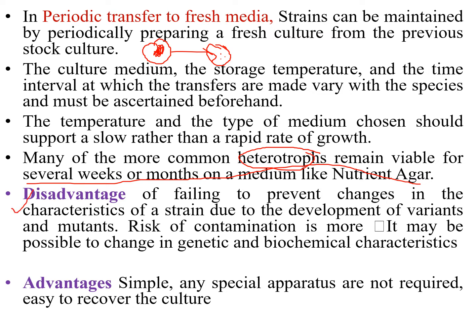The disadvantage of this preservation method is that it fails to prevent changes in the characteristics of the strain due to development of variants and mutants. It may be possible that variants and mutants develop in that culture medium.